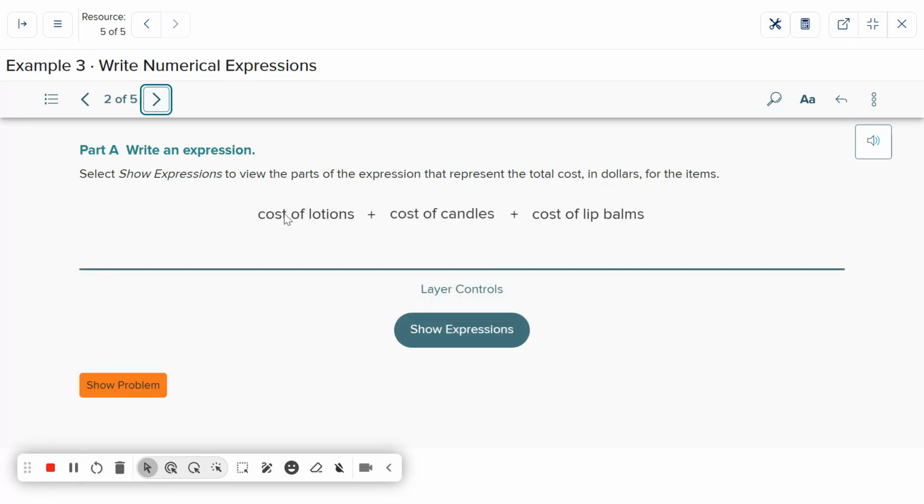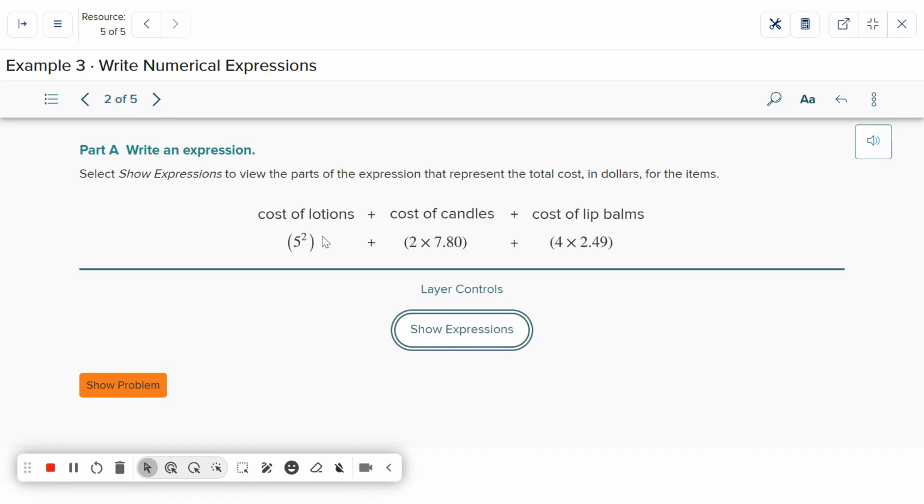Since we want to know how much stuff costs, we're going to be adding each cost together. We're going to add the cost of lotions plus the cost of candles plus the cost of lip balms, based on how many of each she's buying and how much they cost individually. So the cost of lotions we could write as 5 squared.